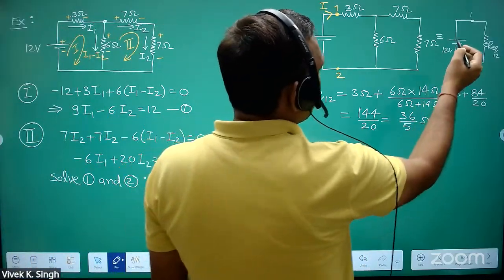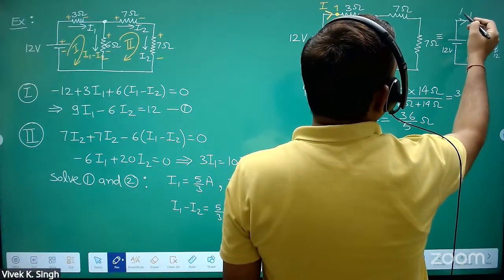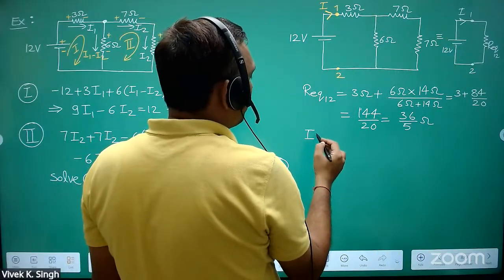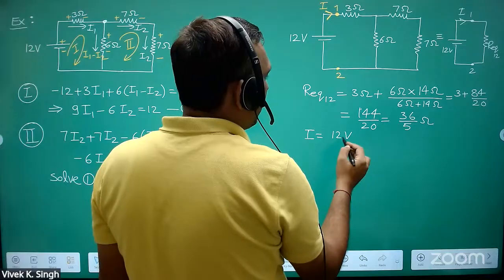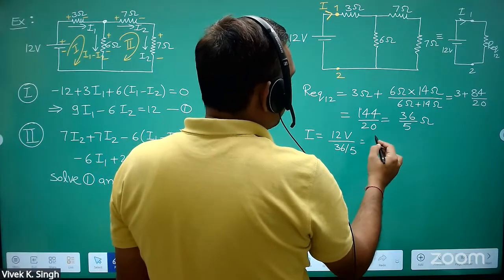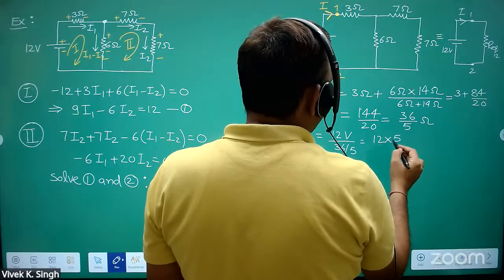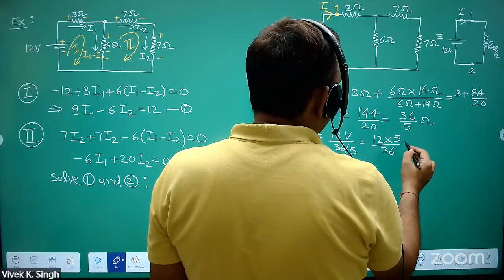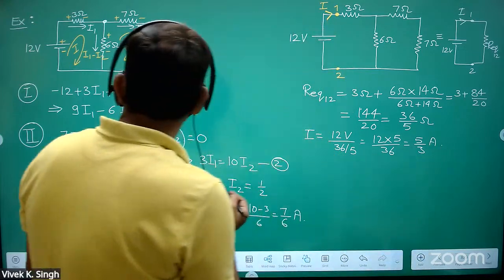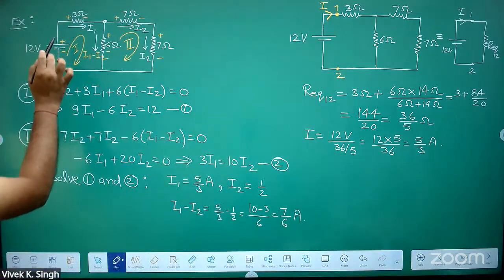So now what will be this current I? Current I will be given by 12 volt divided by the equivalent resistance 36 by 5. So this is 12 into 5 by 36, which is 5 by 3 ampere. Yes or no? And just see here, what is the current I1?